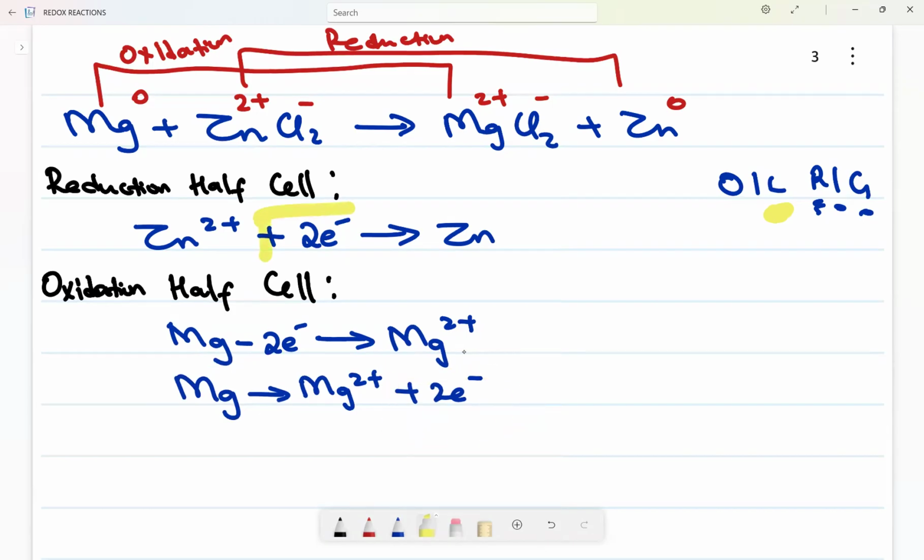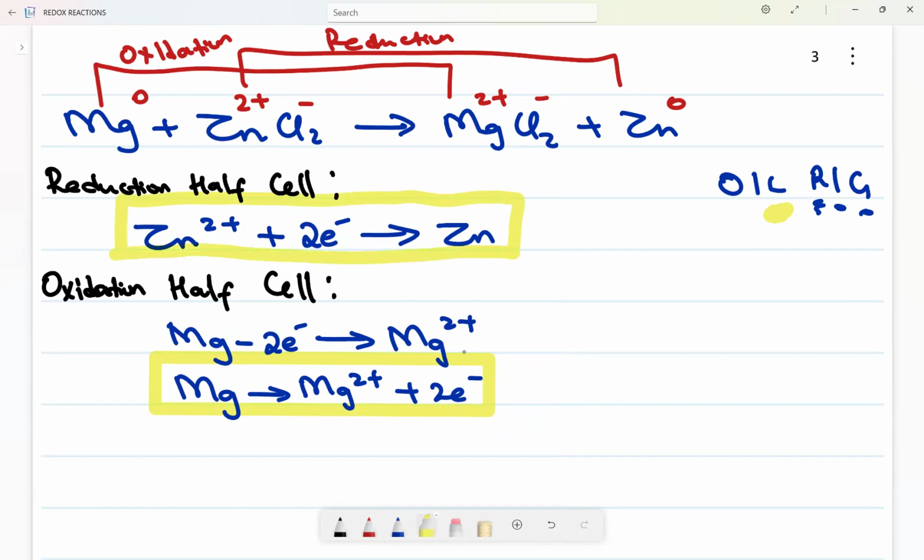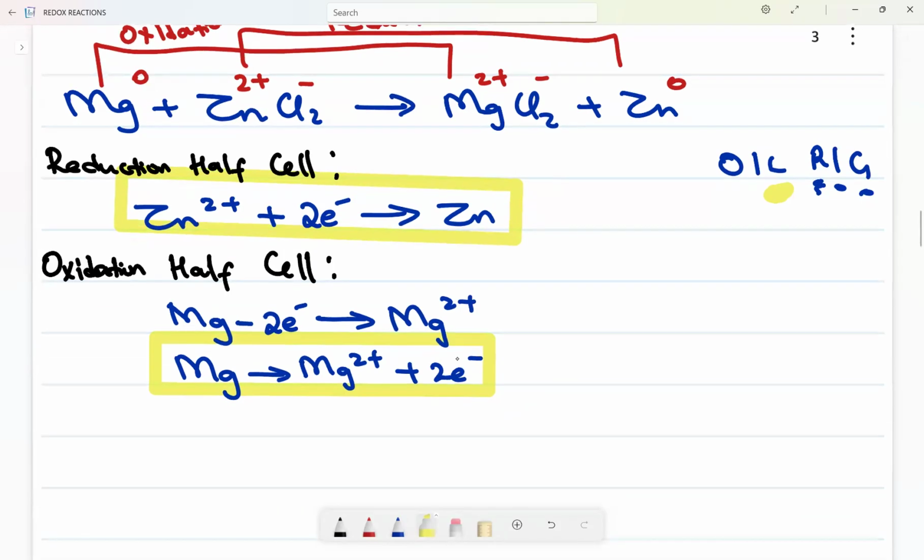But now these ones are gained. So yes, the final answer is this one. Also here, the final answer is this one. So this is the reduction half cell, and that one is the oxidation half cell.